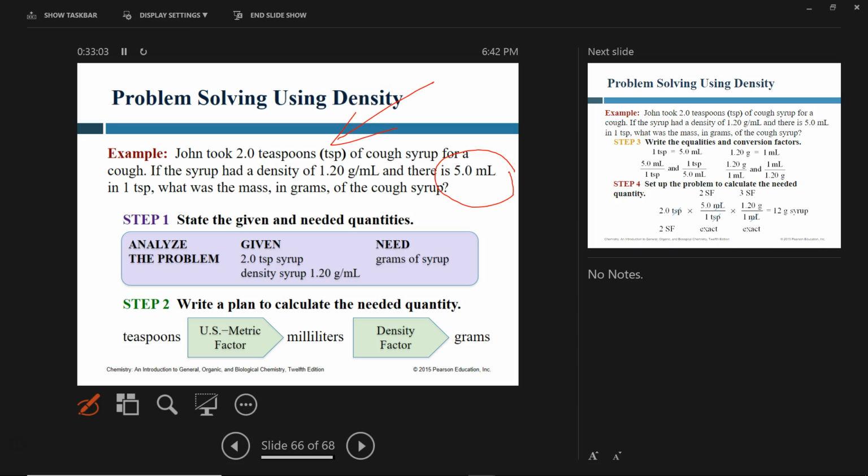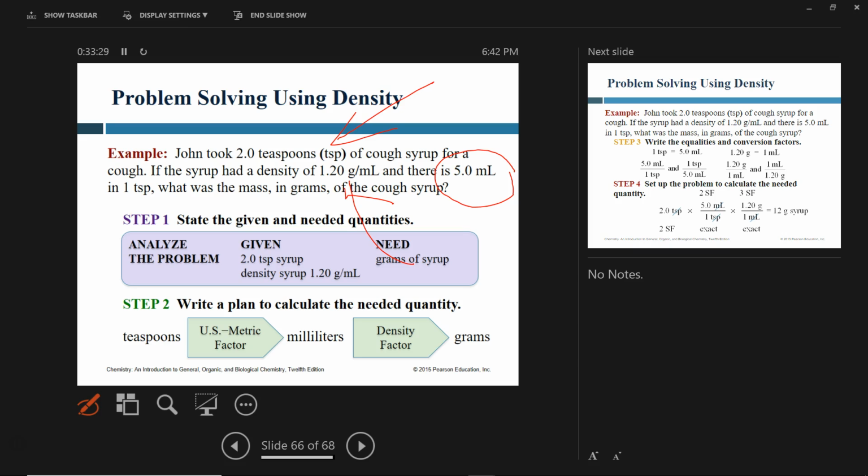Milliliters, it's a volume. Because think about this. 1 teaspoon of cough syrup is going to weigh very different from 1 teaspoon of liquid gold. Okay. So we know that the density of the cough syrup is 1.20 grams per mil. Keep an eye on significant figures.